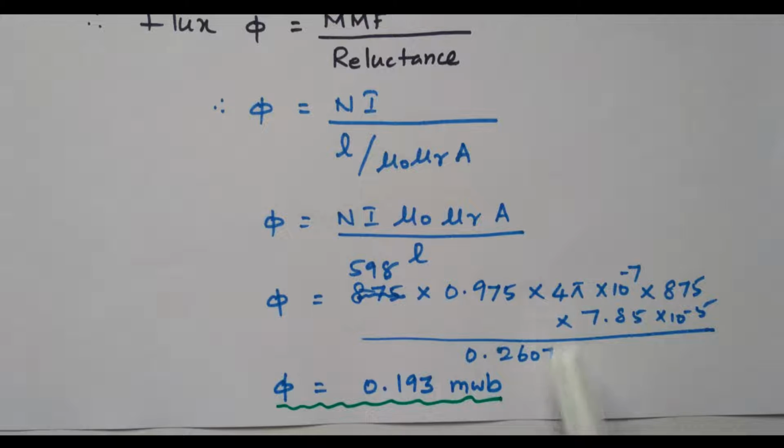By simplifying this, we got 0.193 milliweber. Milli means 10 to the power minus 3. So the flux established in the iron core is 0.193 milliweber.